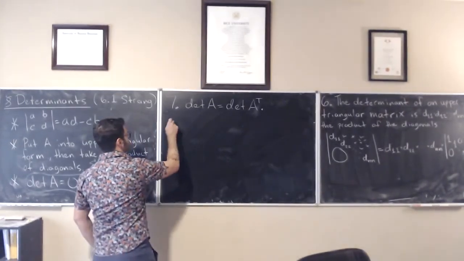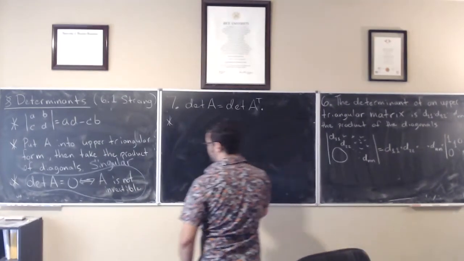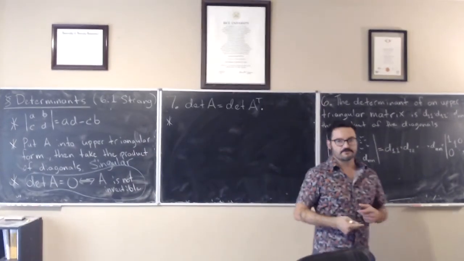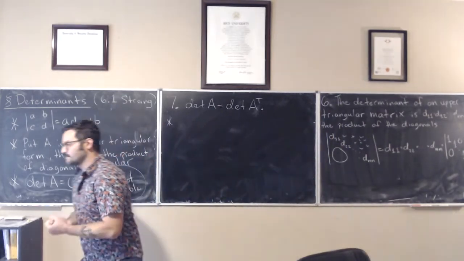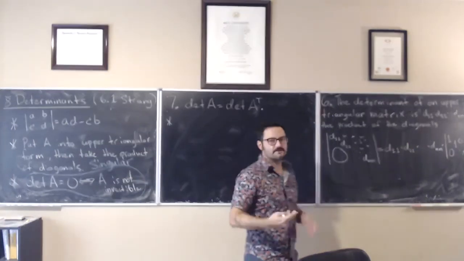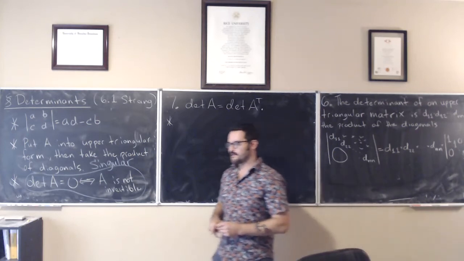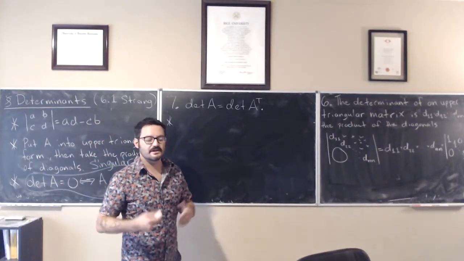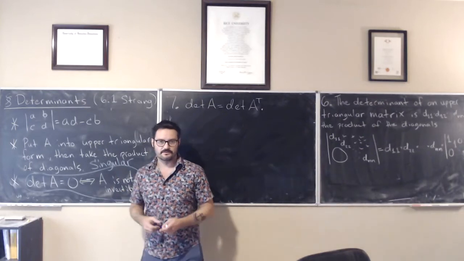Well, first, let's make an observation from before. We know that adding multiples of rows together does not change the determinant. We also know that if there's ever a row of zeros, the determinant is 0. So what that means is that if 2 rows are the same, the determinant is 0, which again means it's singular, which means it's not invertible.